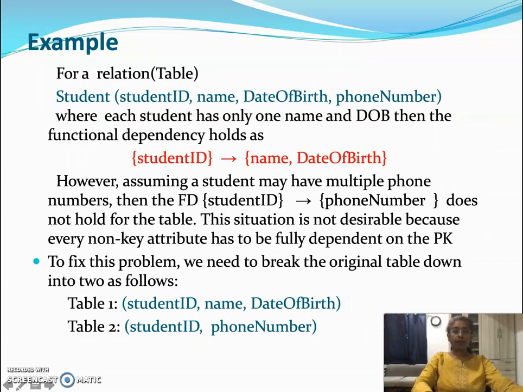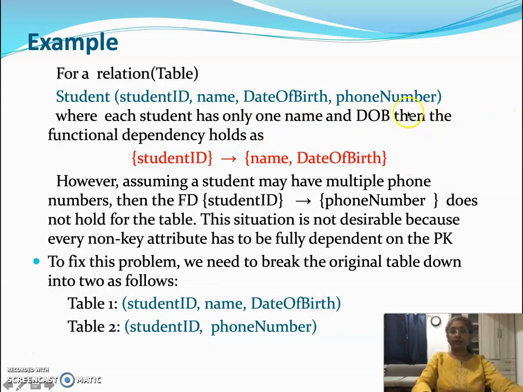Here's an example for a relation table student. We have all these attributes and we know that each student has a student ID, and that ID is related to his name and his date of birth, which is unique for the student ID. But a student can have more than one phone number.